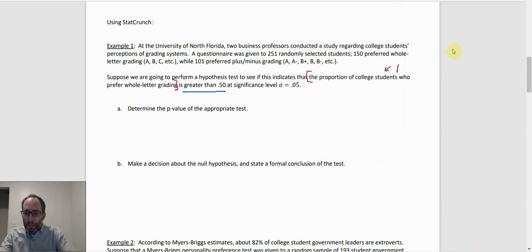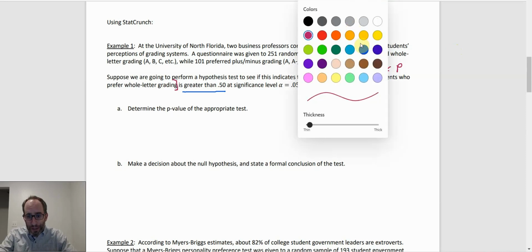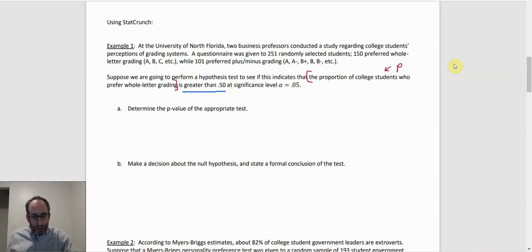Because that's all college students, not the 251 in the sample. So if we were going to write out the hypotheses, then, and I know I said this in 8.1, but it's worth stressing again, I think it's easier to write out the alternative first, because that's got the inequality in it.